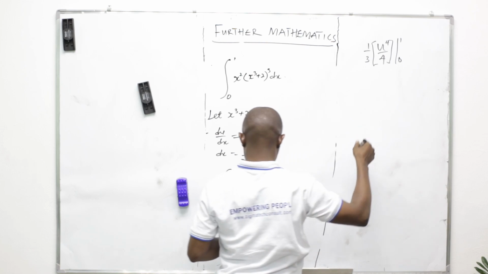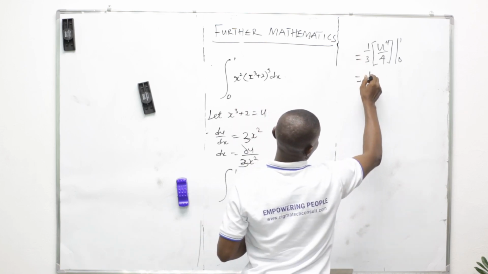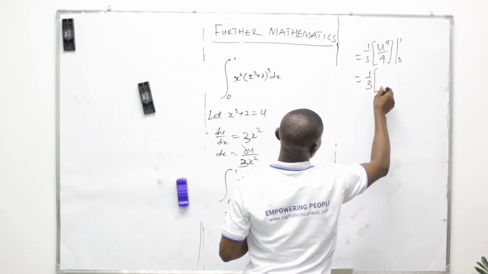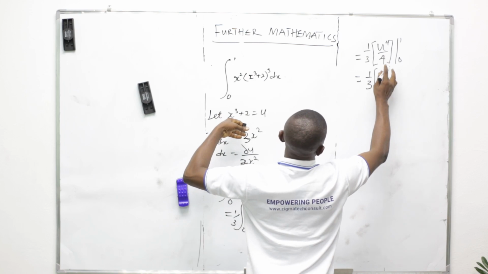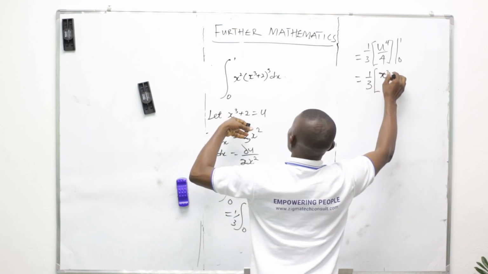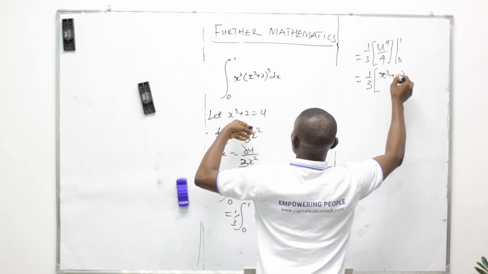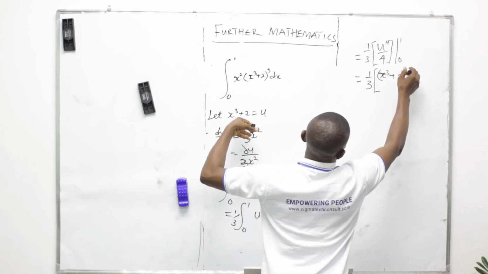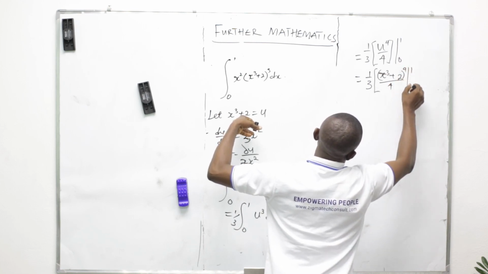Recall that u is s cubed plus 2, raised to the power 4 all over 4.